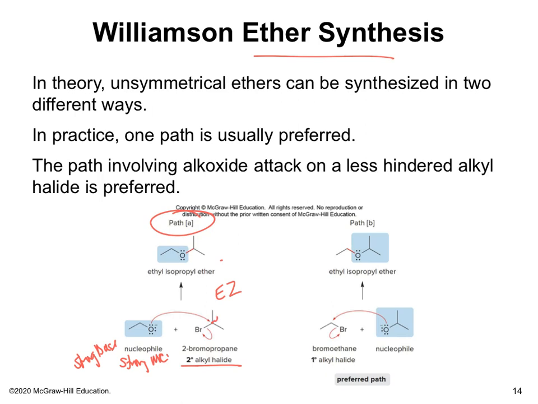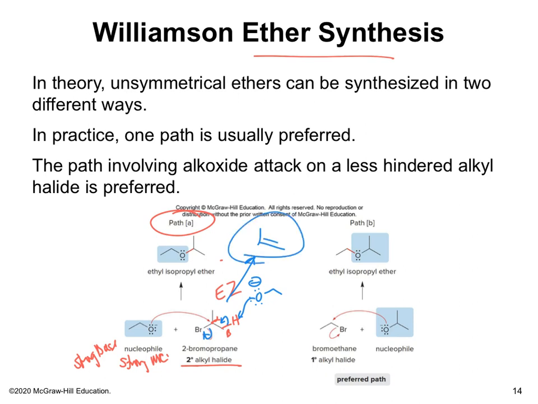And remember E2, there's your alpha, there's your beta. This is the problem with this, and you'll see this in the POGIL, so look for it. This is also a strong base, could take this and leave like that, and then you have significant amounts of your elimination product.